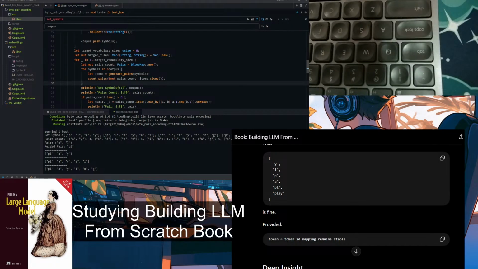Parang mas maganda during the vector kasi okay lang din naman sa vector. May mas madaling part dito. I-merge ko yung mga symbols tapos i-arrange ko sila. So magsusort pa siya.